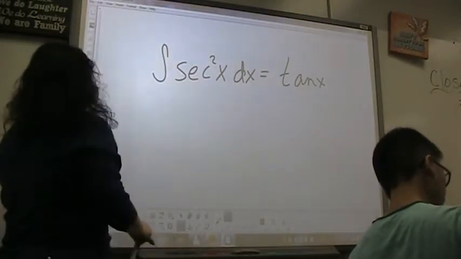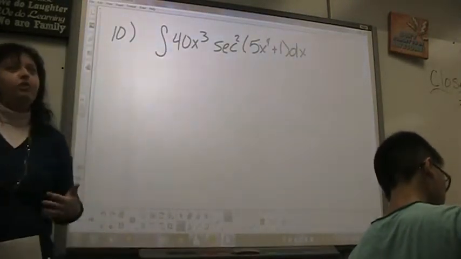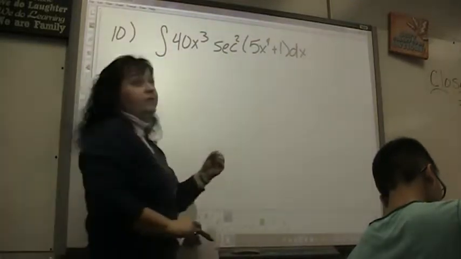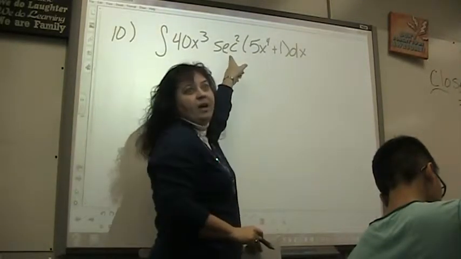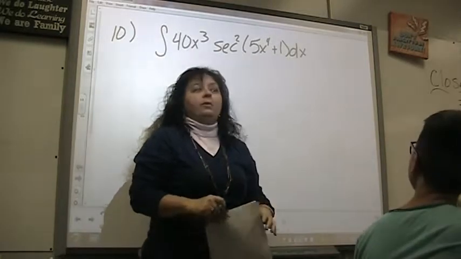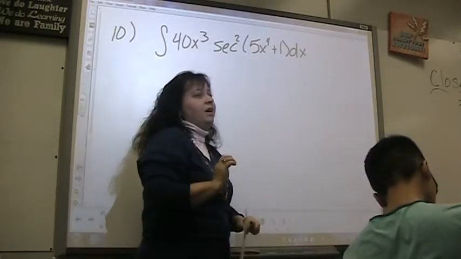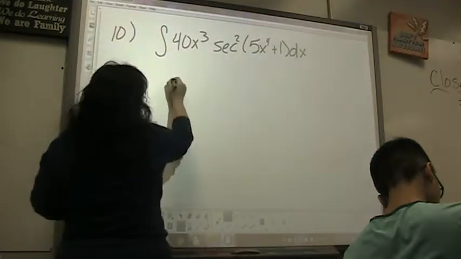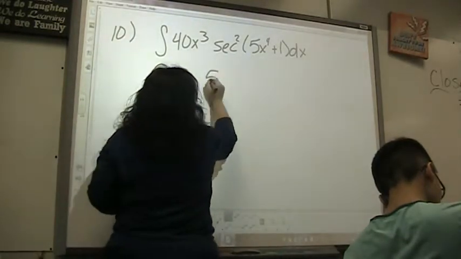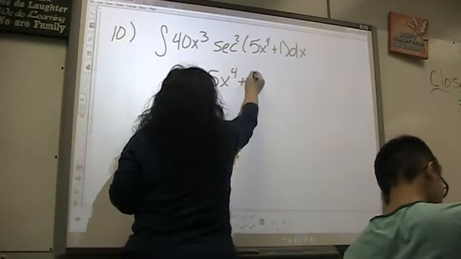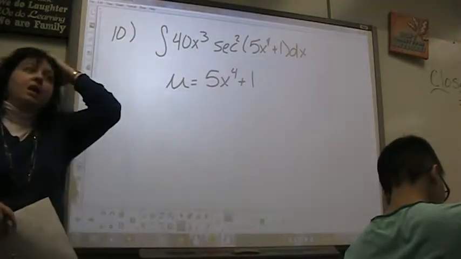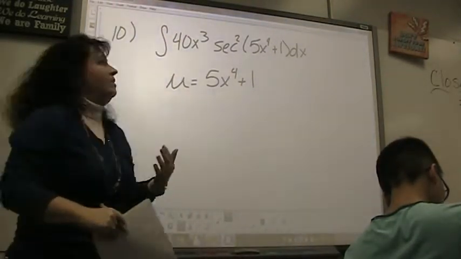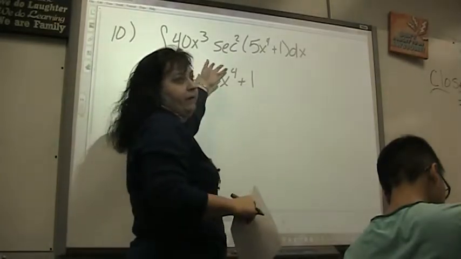So if I come back to this, which does look nasty, the bones of this is secant squared of x. Secant squared does not make it ugly. We can handle that. What can't we handle? The inside. So we're going to make that our u. And if I take the derivative of that, I get an x cubed, which I have.